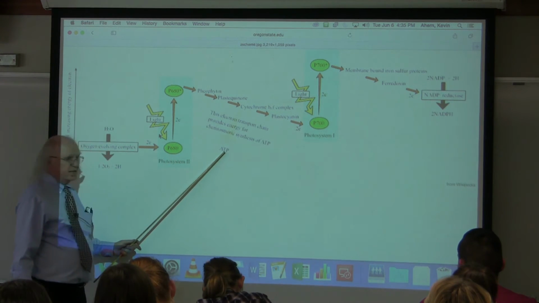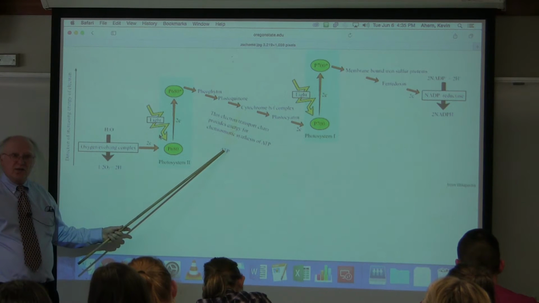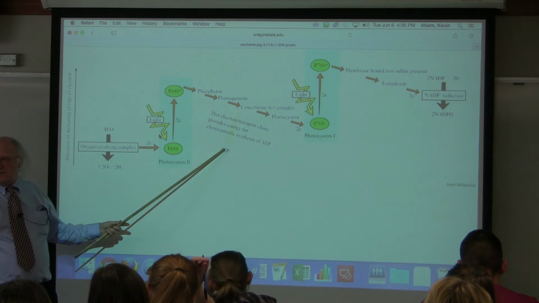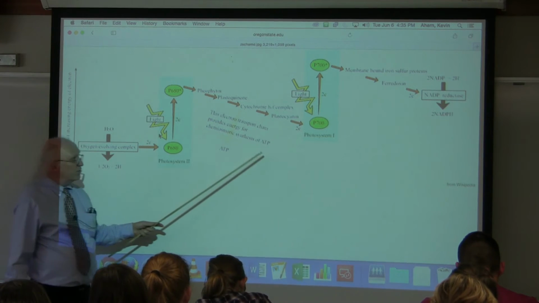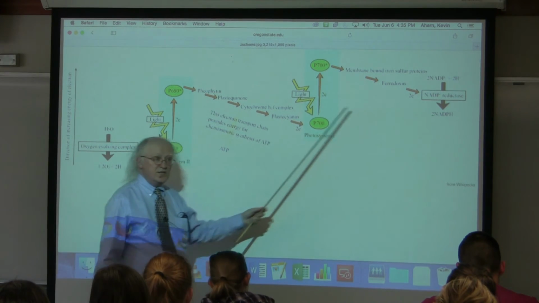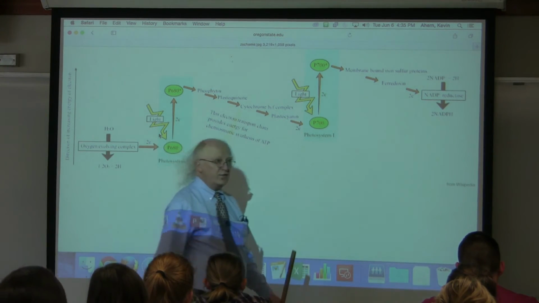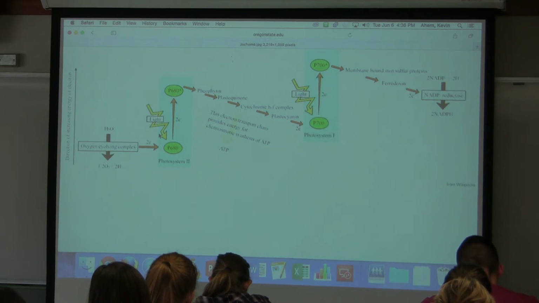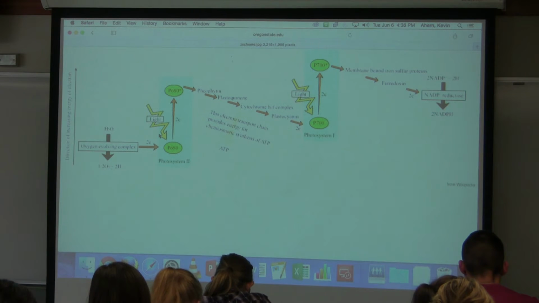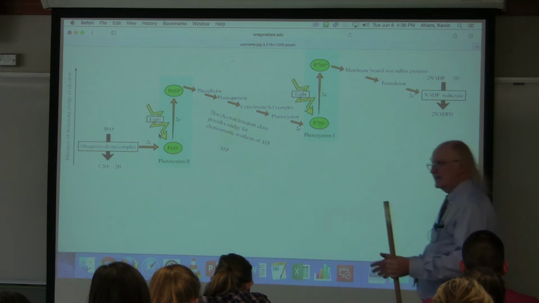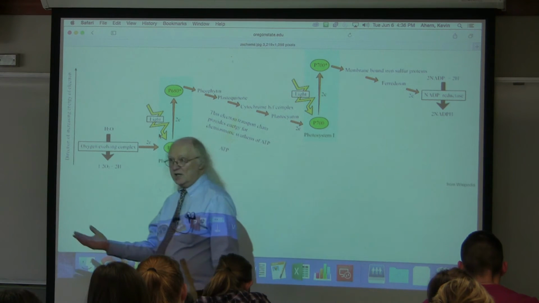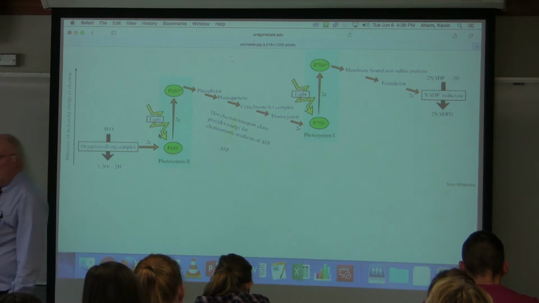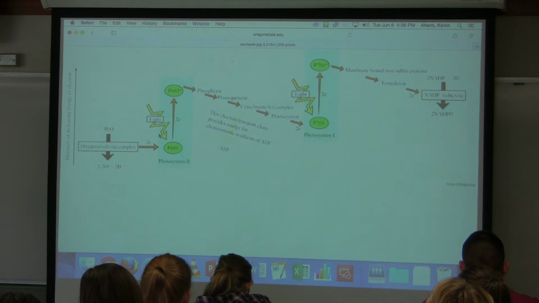This and this will be essential in the dark phase of photosynthesis, because they are energy sources, and in the dark phase of photosynthesis, the plants need energy because they're going to pull carbon dioxide out of the atmosphere and build it into glucose. That takes energy, just like gluconeogenesis took energy in us. And we weren't even taking carbon dioxide out of the atmosphere.